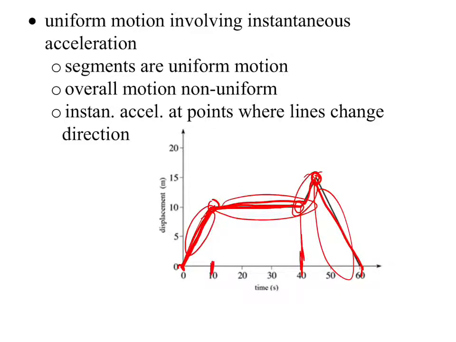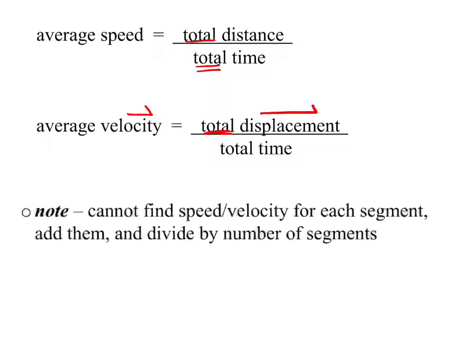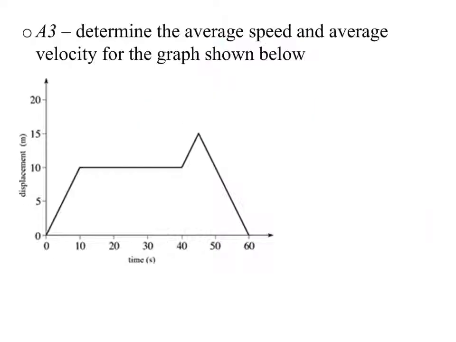So we can't think of those two things as equal. Therefore, we can't just average it by adding them all together and dividing by how many velocities you have. You absolutely cannot do that. That's why we just need total distance over the total amount of time that something took for average velocity.